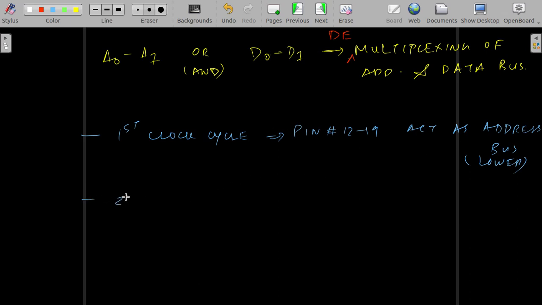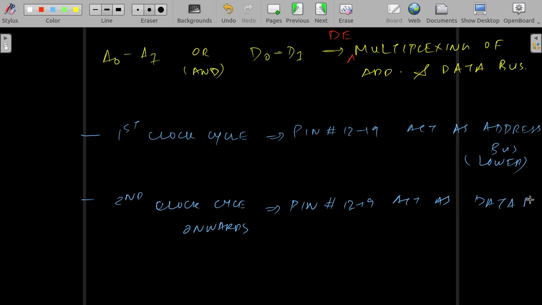And from the second clock cycle onwards, pin number 12 to 19 act as data bus, right? It acts as data bus.